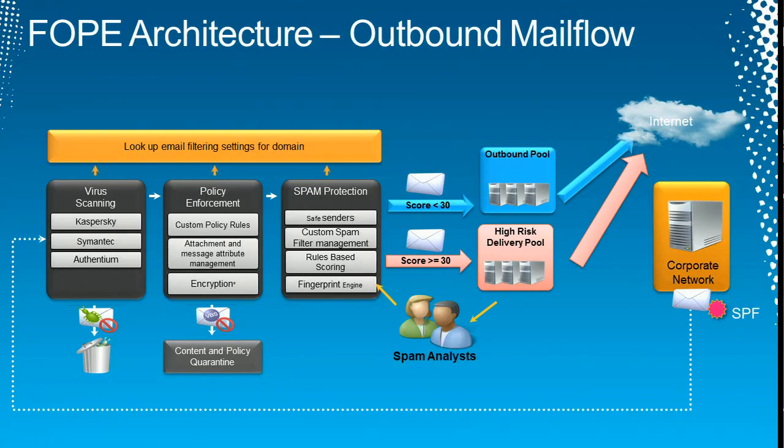One more. You have a certain use case where messages from certain mailboxes are automatically quarantined until somebody can review it and release it. Is that a FOPE feature, or do we have to build that? So the question was, we have a use case where you want to quarantine and then allow someone to review and then release it. So FOPE's quarantine is for inbound mail.